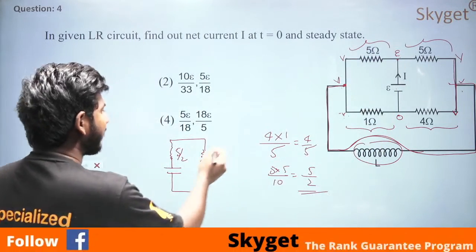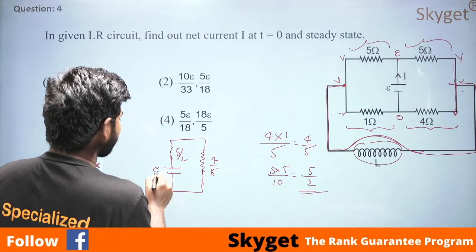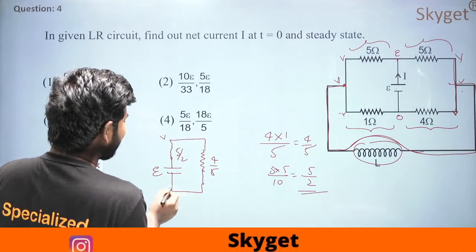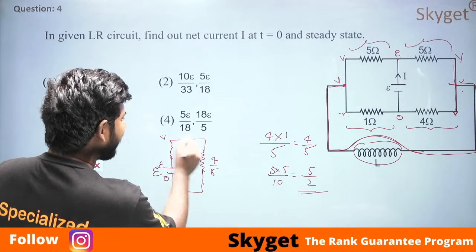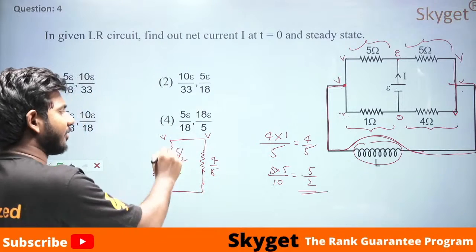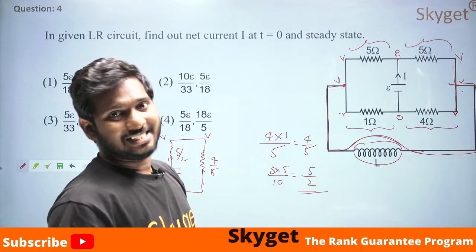So between E and V it is 5 by 2, and between V and 0, if I consider 0 here and E here, it will be 4 by 5. So they can be considered in series.